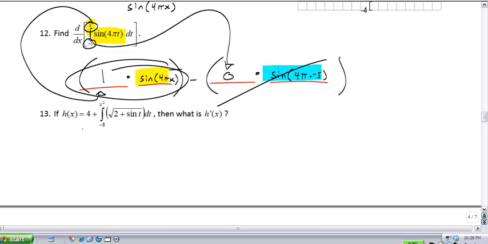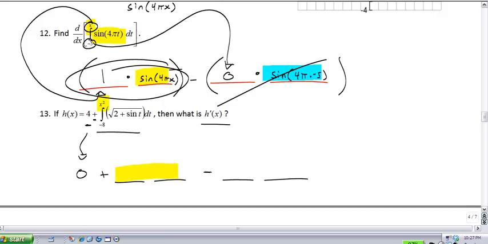Okay, but wait a second. H is like 4 plus an integral function. Okay, well, what do we know about addition, subtraction when you're finding the derivative? Well, you can do them separately. So what's the derivative of 4? 0 plus. Okay, derivative of the integral function. Derivative of x squared: the x squared stuff is going here, the negative 8 stuff goes here. So in one block I do x squared, that's 2x.